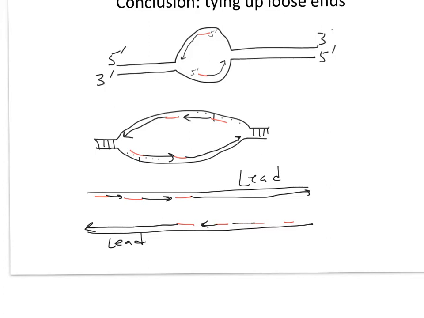And those are the lagging strands or the Okazaki fragments. I should have capitalized Okazaki because that's named after the person that discovered these fragments. So that's where we got to the end of last class. Leading strands, lagging strands, Okazaki fragments.